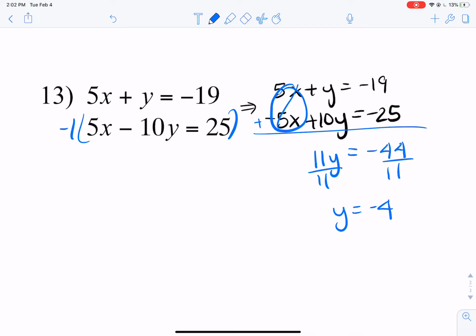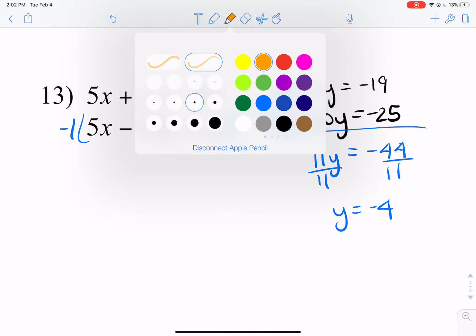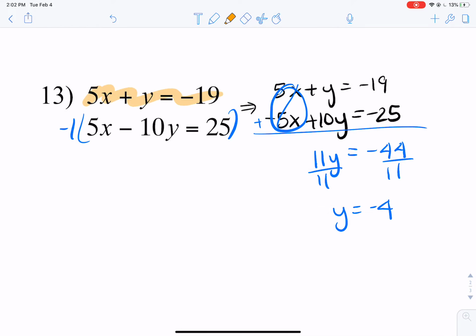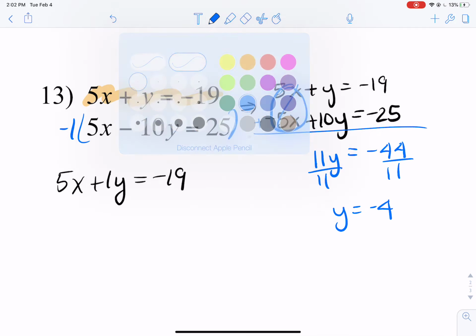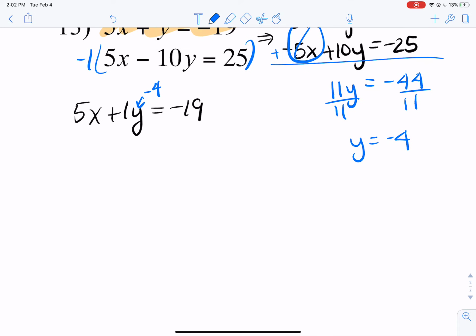So our x value, using the top equation, 5x plus 1y is equal to negative 19. I'm going to replace this y value with, again, a negative 4. So 5x plus 1 times negative 4 is equal to negative 19.